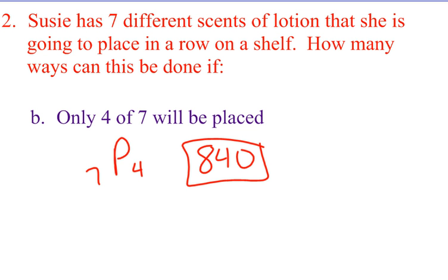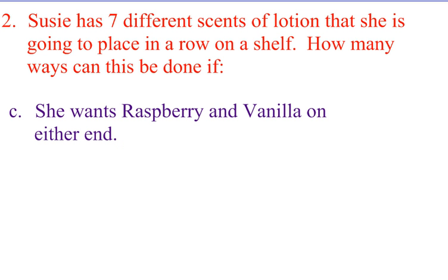The last one says she wants raspberry and vanilla on either end. This one's a little bit more complicated. So you think of all 7. The raspberry has to be on an end for sure, but I don't care which end it's on. So my choice for this spot right here is raspberry or vanilla.